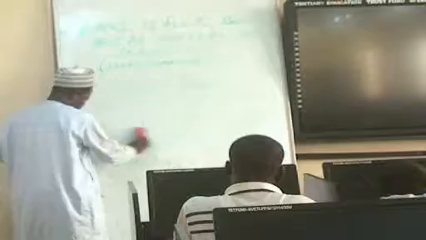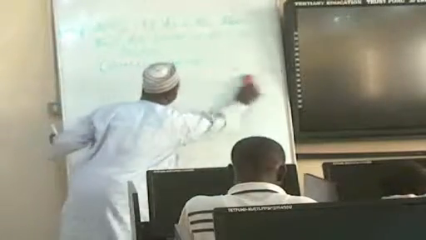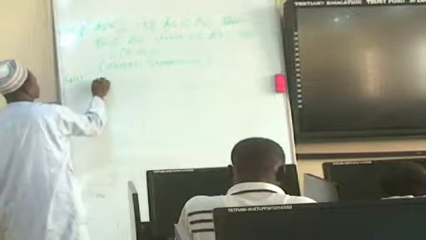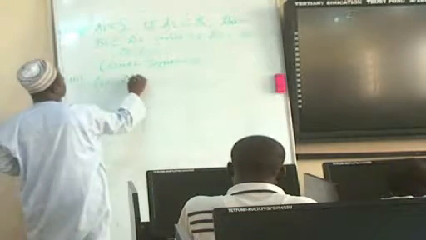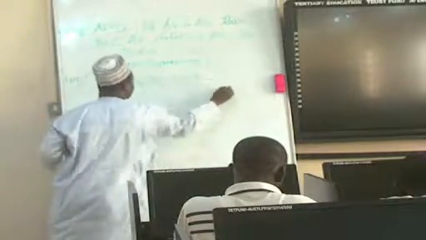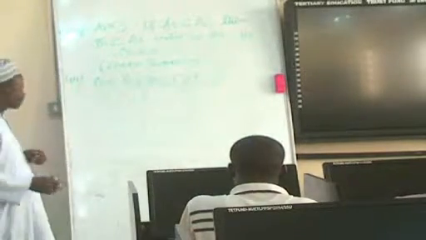Then thirdly, we want to test the transitivity. Thirdly, let Ai, Bi, maybe Ci, okay?